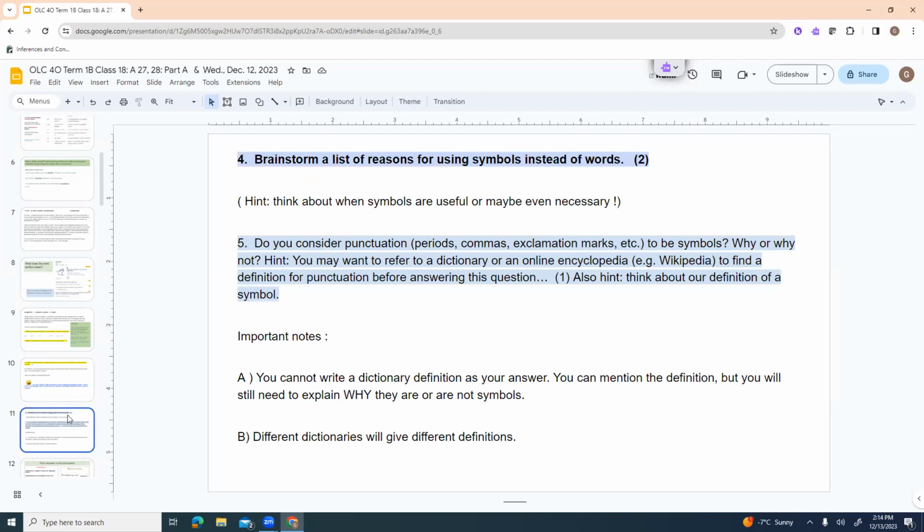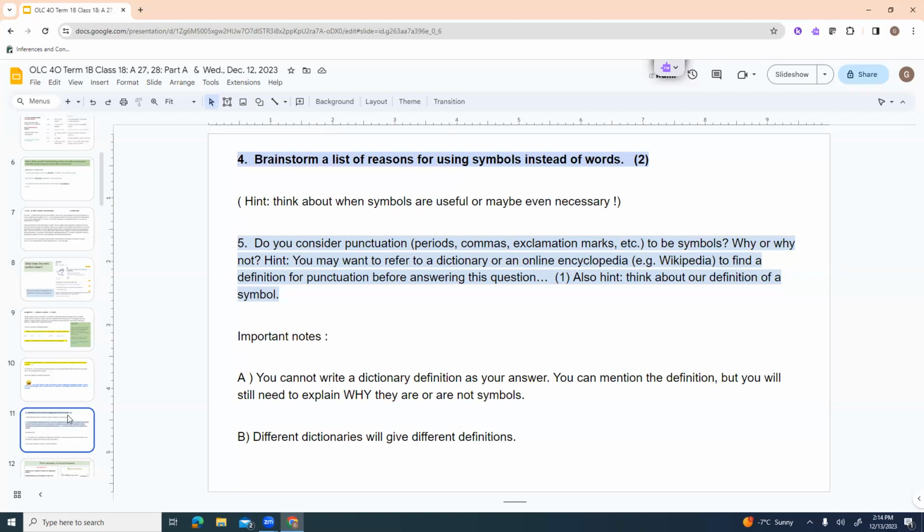Number 4, brainstorm a list of reasons for using symbols instead of words. In other words, why do we use symbols instead of words? Hint, think about when symbols are useful or maybe even necessary.